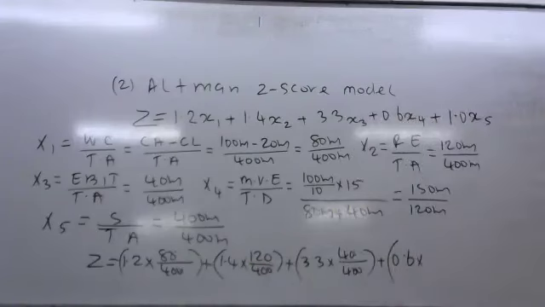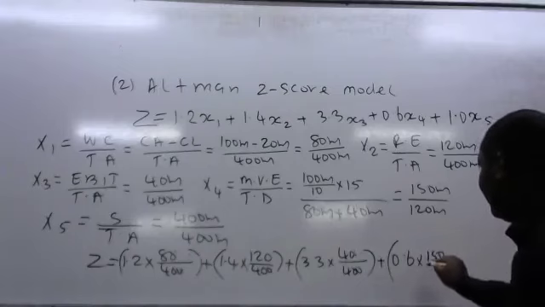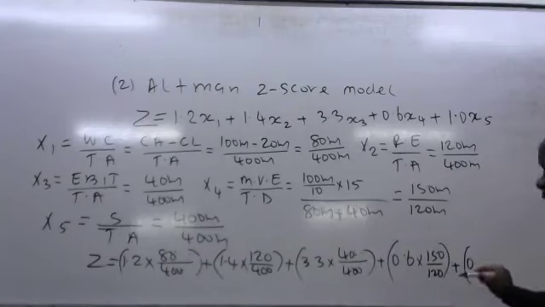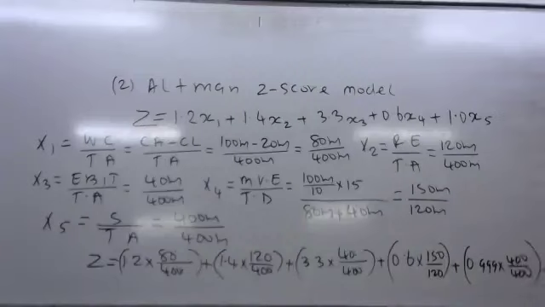So our x4 is 150 divided by what? 120. Then finally, we use the one given in the question. The question is 0.99. So 0.99 x5. Your x5 is 400, also divide by 400 like that.